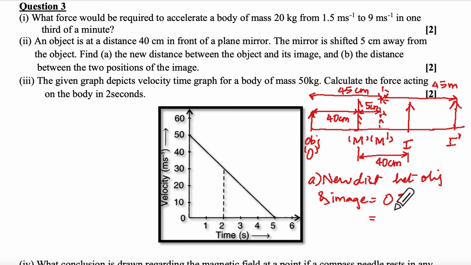If it is O to I dash, it means it is from here to here and here to here. So I'm writing that is OM dash plus M dash I dash. That will be 45 plus 45. How much is that? 90 centimeters. So this is your answer A.